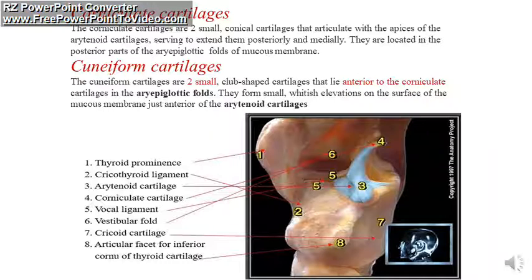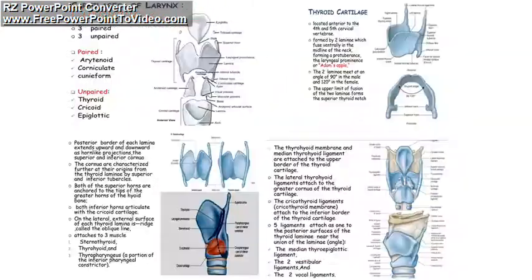this is all the structure of the larynx. And these are the types of the cartilages, which is the hyaline cartilage.